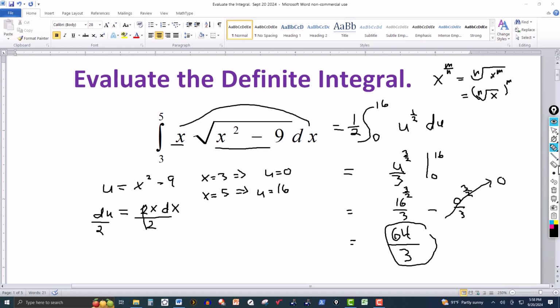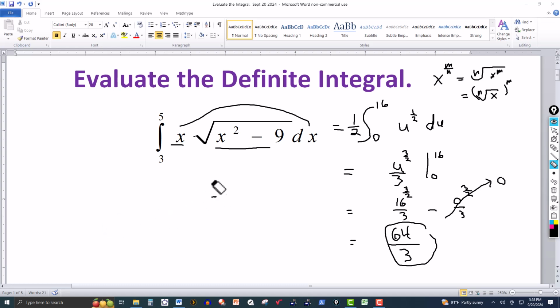You could also evaluate this any way you want. You can still use the u substitution and not change the limits of integration. You can leave the limits of integration the same. What I'm saying is, using the u substitution, you get it down to here, and then go back to the original variable.